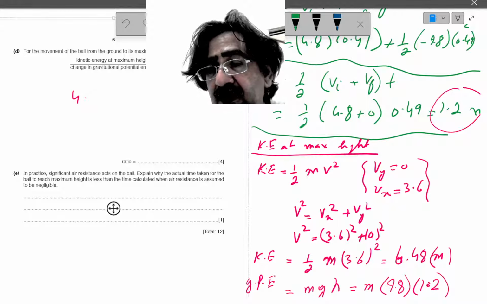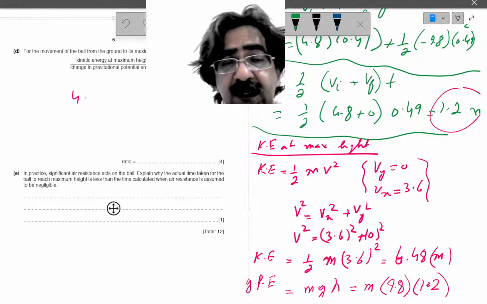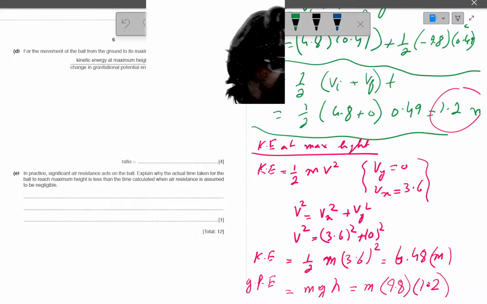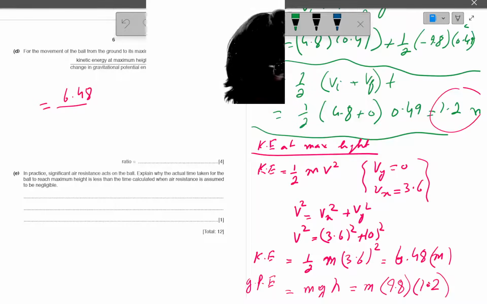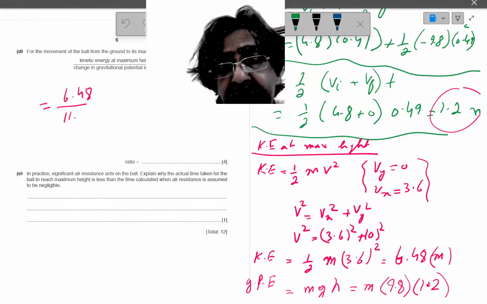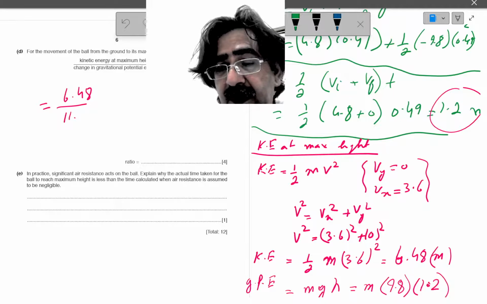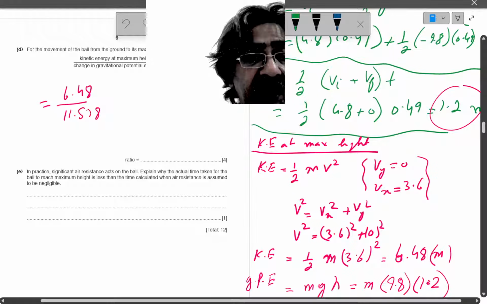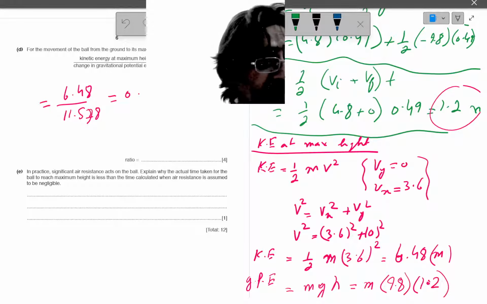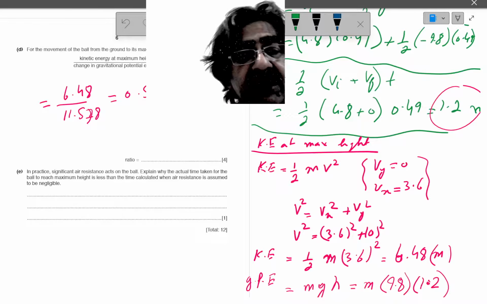What was the value of the kinetic energy? 6.48 will be divided by 11.578. So the result will be equal to 0.563 multiplied with the mass.